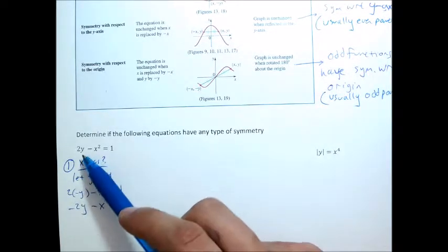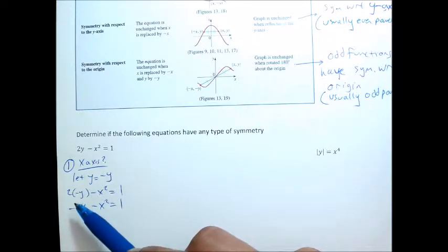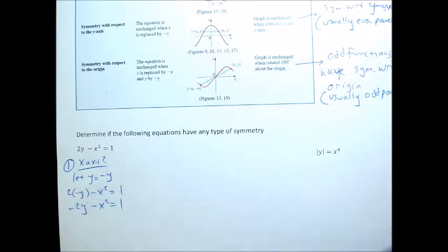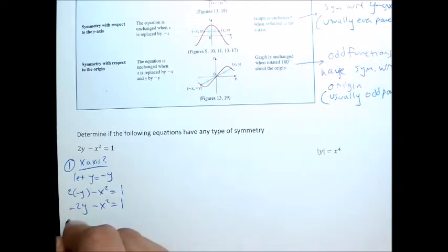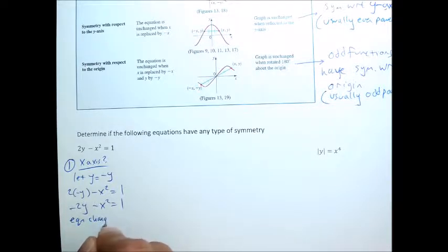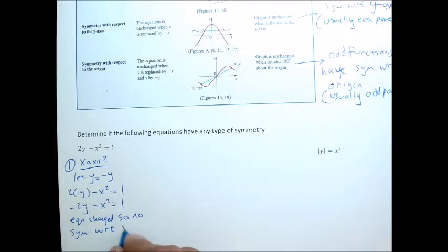It used to be positive 2y, and now it's a negative 2y. So the equation changed, which means we don't have this type of symmetry. So no symmetry with respect to the x-axis.